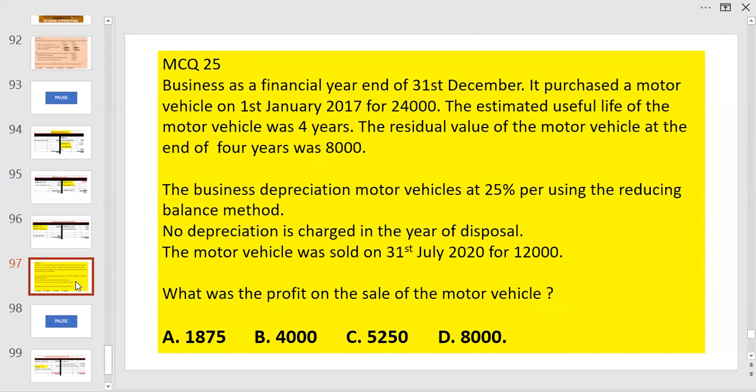The business depreciates motor vehicles at 25% per annum using the reducing balance method. No depreciation is charged in the year of disposal. The motor vehicle was sold on 31st July for 12,000. What was the profit on the sale of the motor vehicle? 4 options are given.